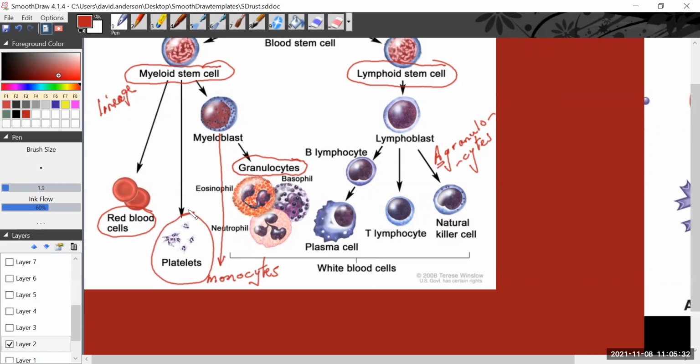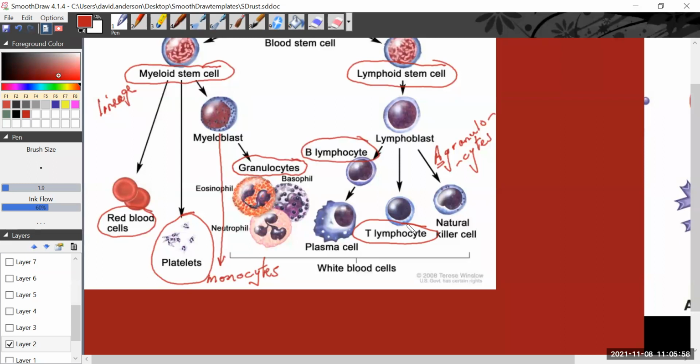So our typical white blood cells, our platelets and our red blood cells come from the myeloid lineage, and white blood cells that are active in the immune response because they can generate antibodies in the case of B cells, and they can directly attack cells in the immune system to kill a virus directly or a bacteria directly or a cancer cell.